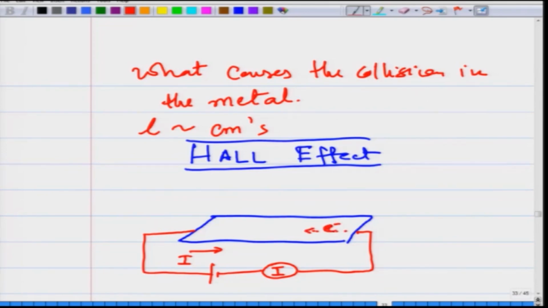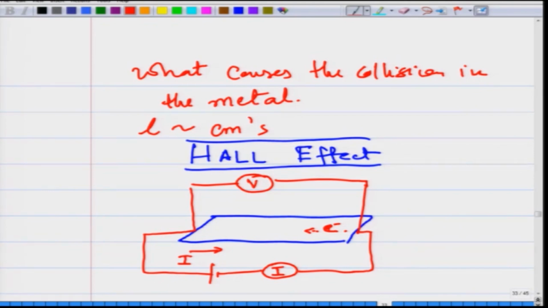This is as per convention, that if the current is in this direction, the electrons are drifting in the opposite direction. Now, because of this current I, you will get a voltage drop across the metal, which is Ohm's law, and we calculated this through the resistivity: you will get a normal voltage drop along the direction of the flow of current, and this is known.